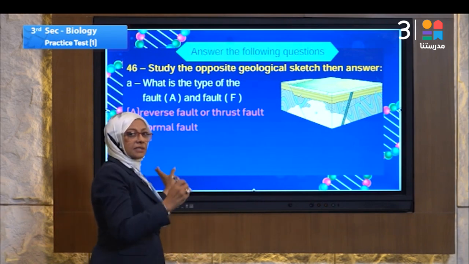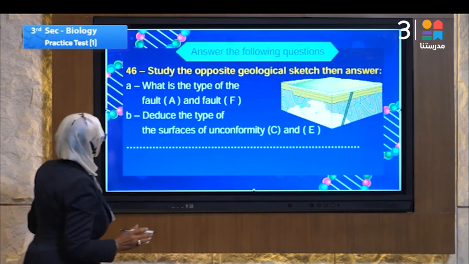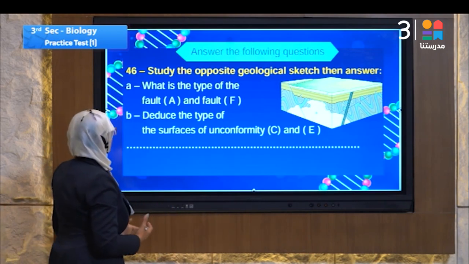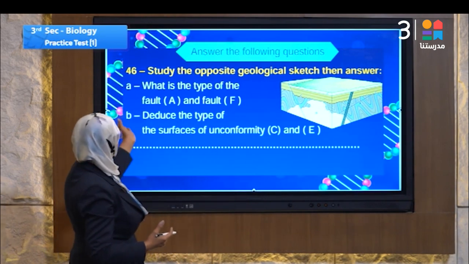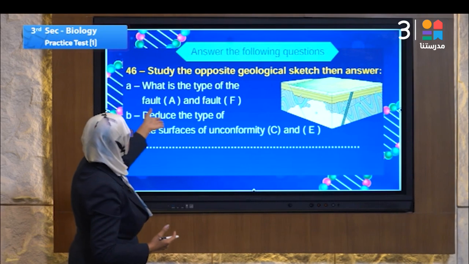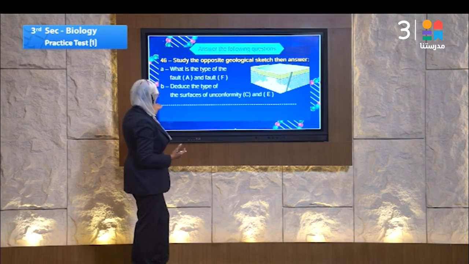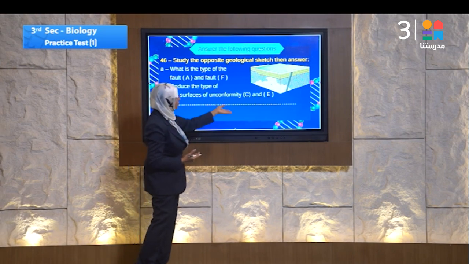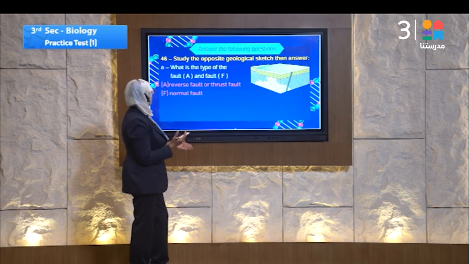Let's read the question again to make the answer very satisfying. Study the opposite geological sketch, then answer. Number A, what is the type of the fault A and F? Number B, deduce the type of surface of unconformity, C or E. Let's answer again.